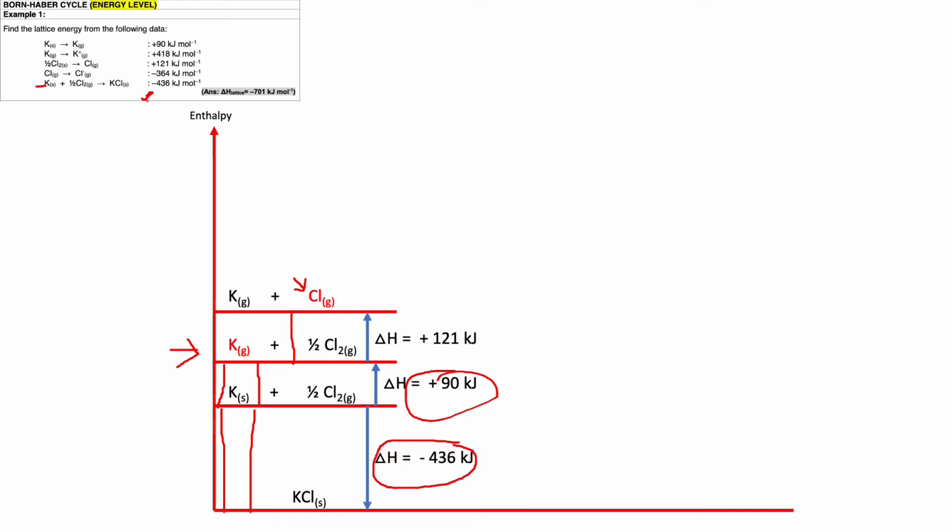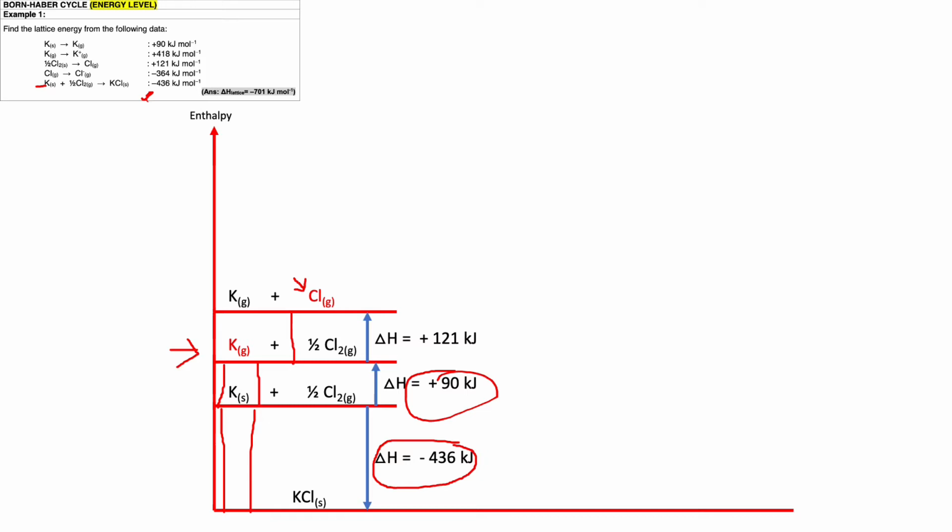Now let's proceed with ionization energy. For ionization energy, we took the second equation. If you look at the second equation, it involves 418 kilojoule per mole. So can you guess the gap of your level?